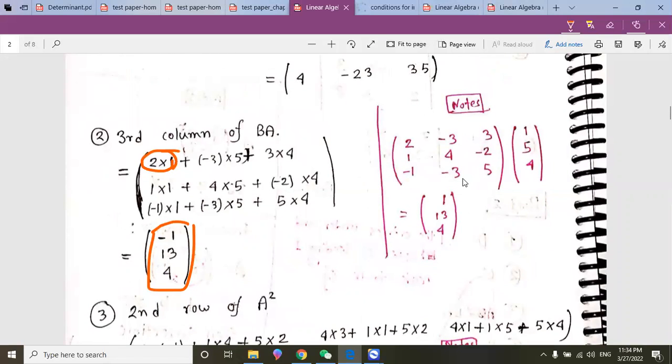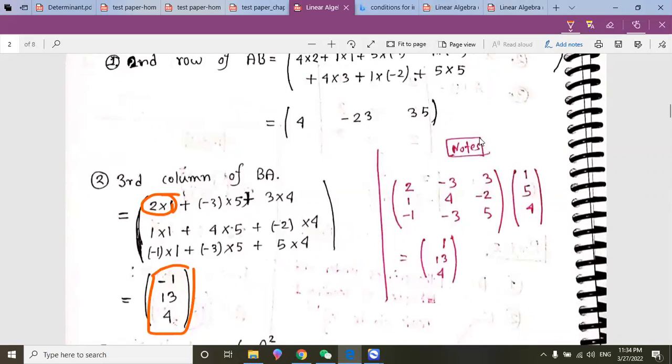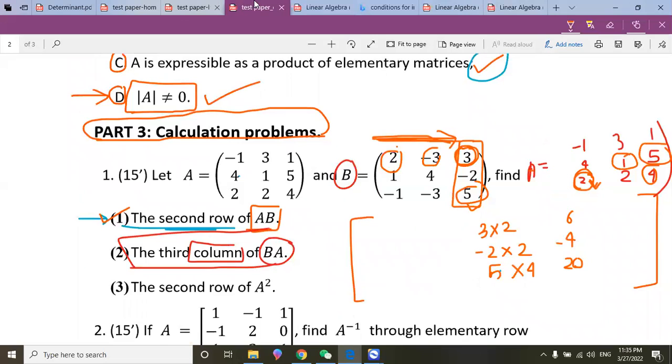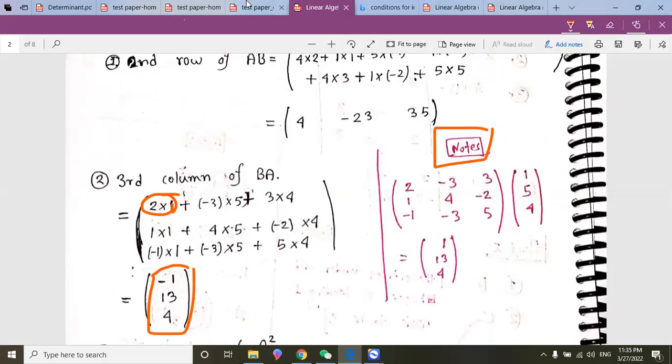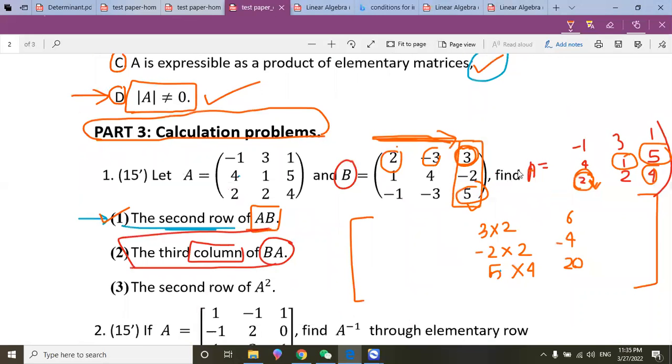On 1, 3, 4. So 2, minus 3, 3, on 4, minus 2, and then minus 1, minus 3, 5. Okay, I got it.